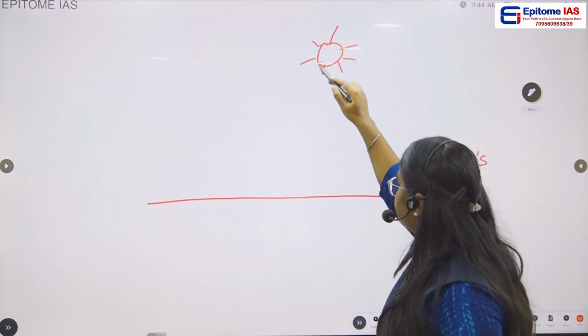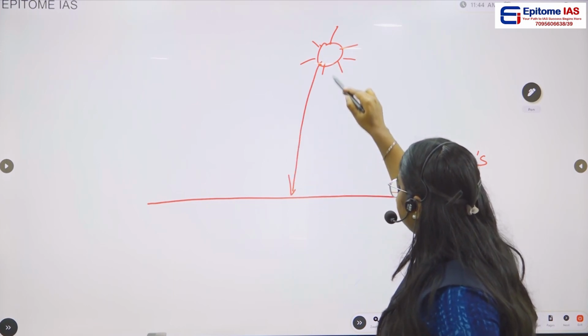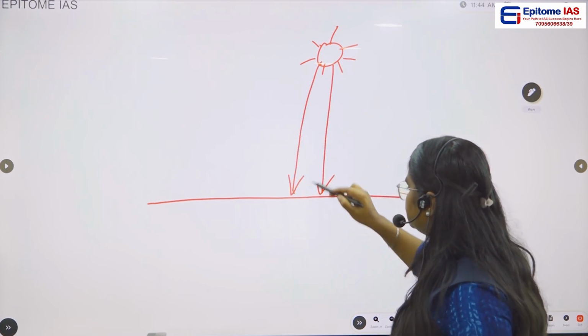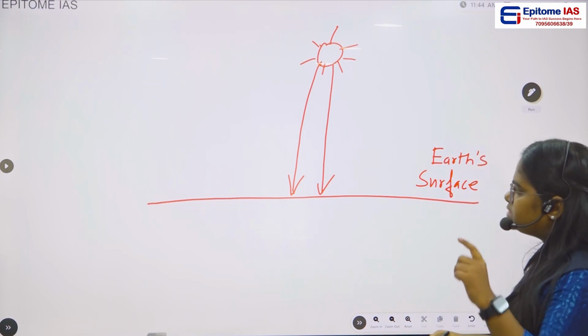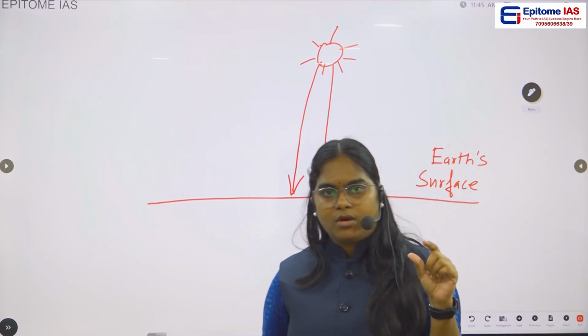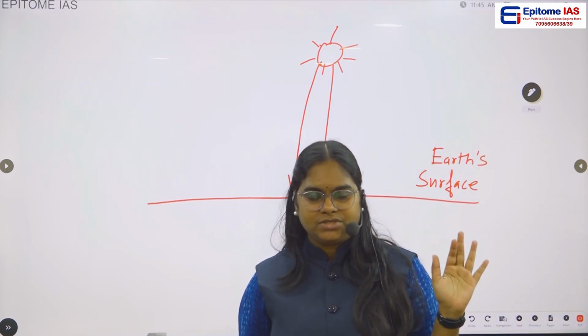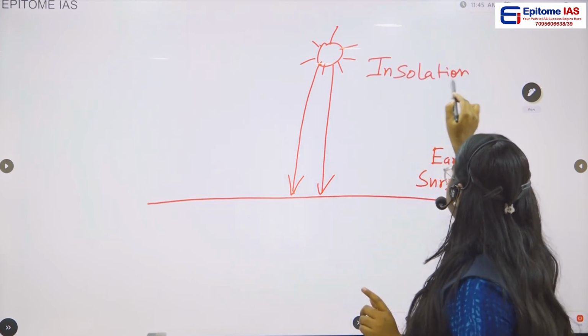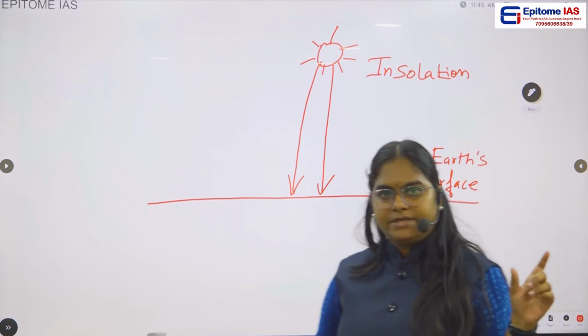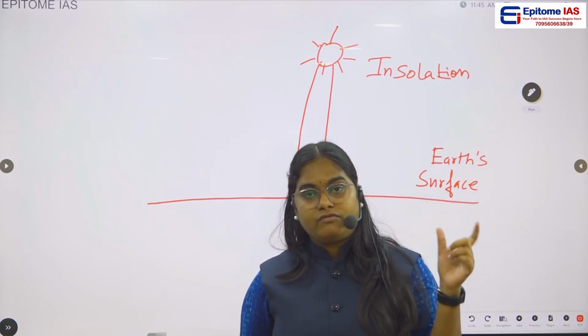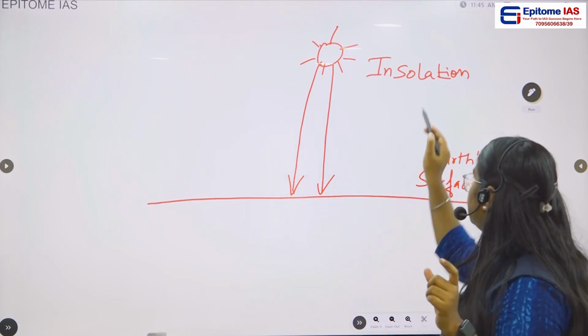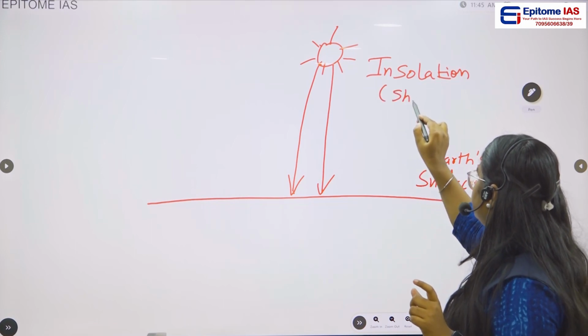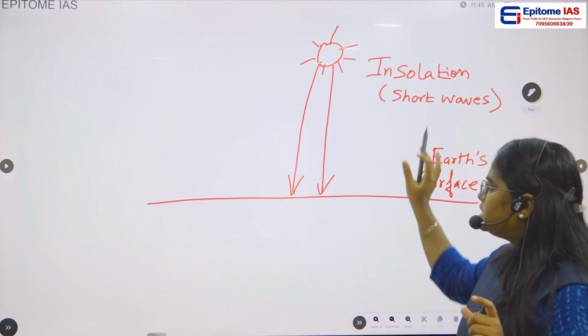The solar rays are directly falling on the earth's surface. These solar radiations are called incoming solar radiation, and also insolation. These incoming solar radiations are in the form of short waves. This thing we know.